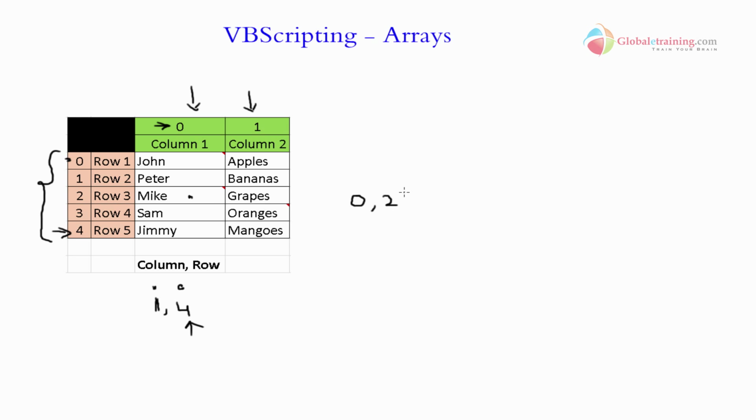So we would use 0, 2 to either assign a specific value to that position or to retrieve whatever is in that position. For now it's Mike. Say for example, to get mangoes, similarly it would be the index of the column, which is 1, and the index of the row, which is 4: 1, 4.